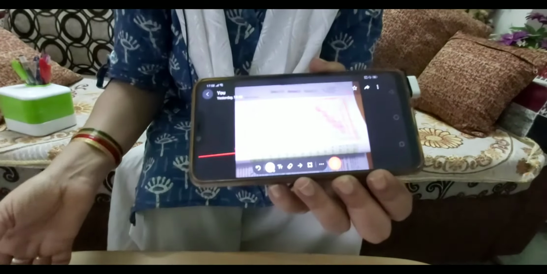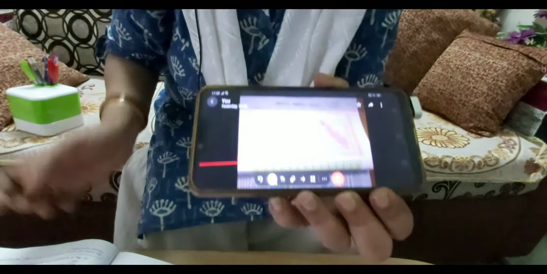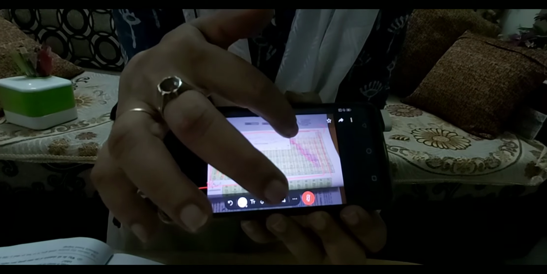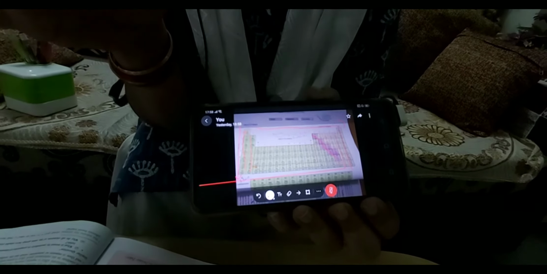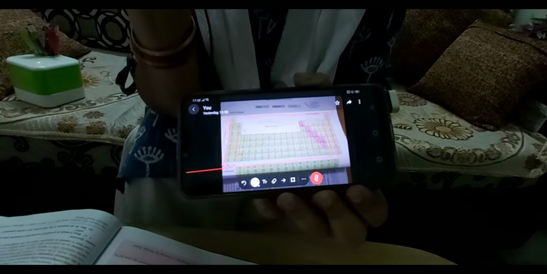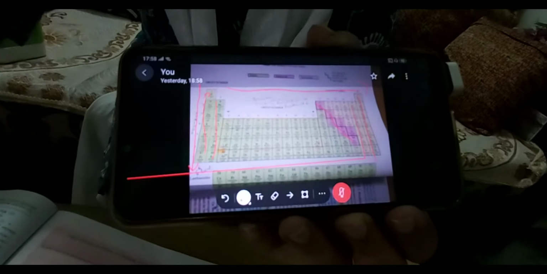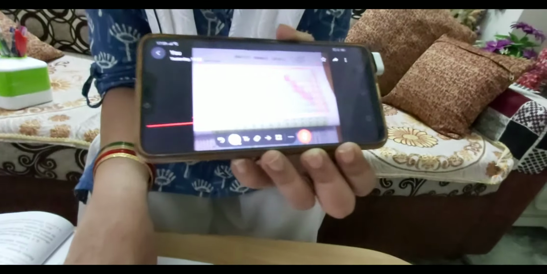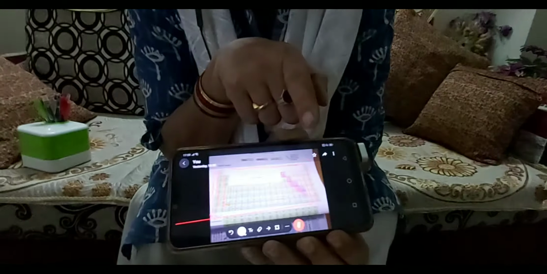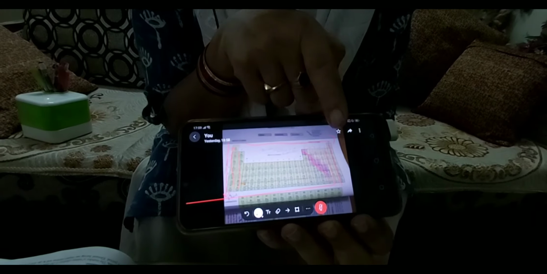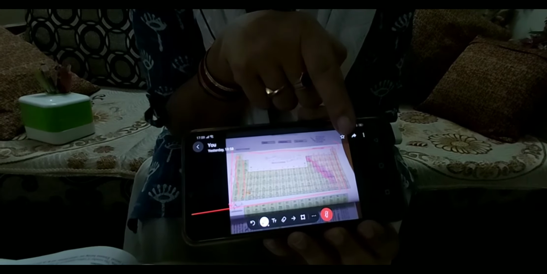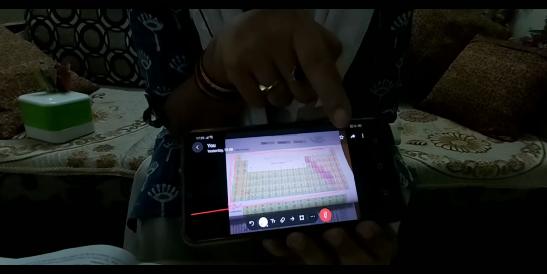Can you see? Boron, silicon, germanium, etc. They are depicted as the pink boxes. They are totally 7 of them. They are boron, silicon, germanium, arsenic, tellurium, polonium.